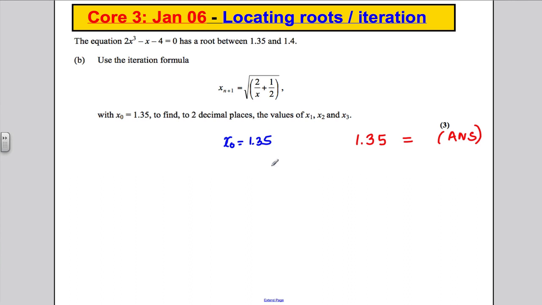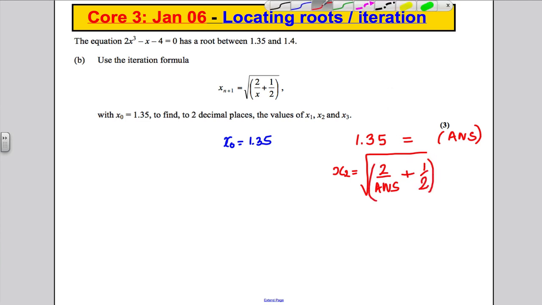Then when you're trying to work out x2, this is what you type in your calculator. You would type the square root of 2 over ans plus 1 over 2. You would probably have had to put brackets around those as such. If you do that, that would have been x1 even. What would x1 be?